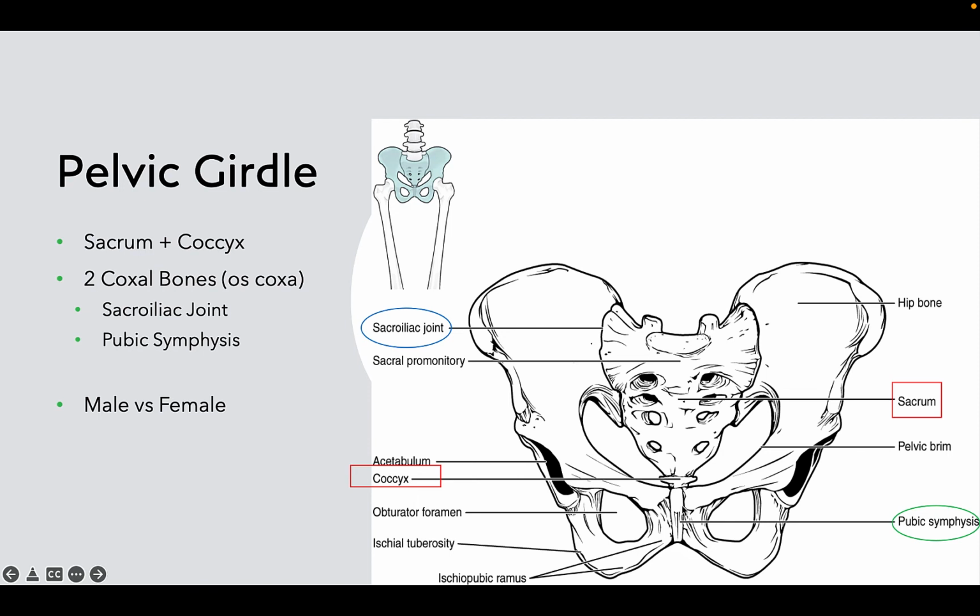You can think of the pubic symphysis as joining the pubic bones, so it's joining those two together. And then we also have this sacroiliac joint. This is where the sacrum and the iliac region of your hip bone meet. So, sacroiliac joint.